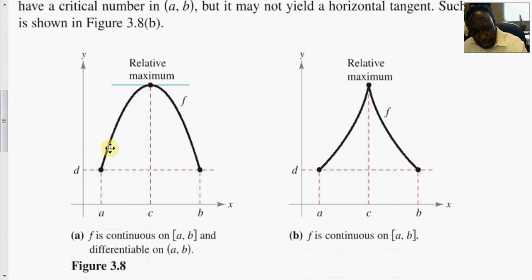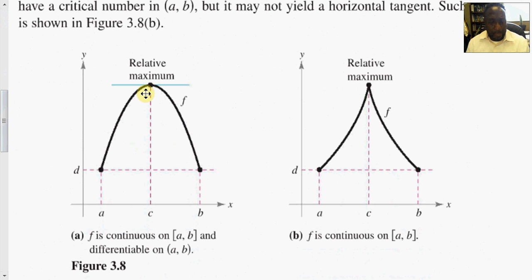So here the first graph is smooth, f(a) equals f(b), f is continuous on the closed interval and differentiable on the open interval, thus guaranteeing the result of Rolle's theorem. Basically, if you have the predicates, the function will either top out or it will minimize.